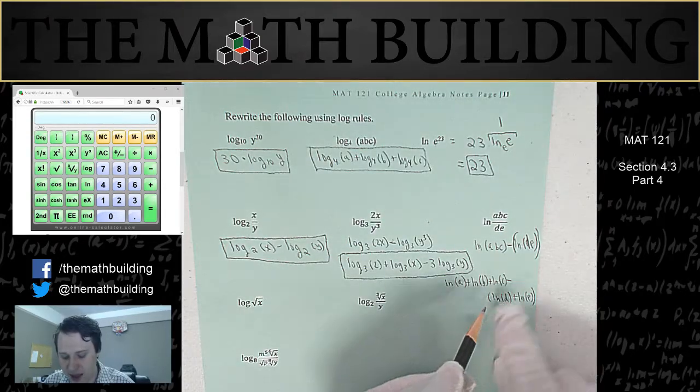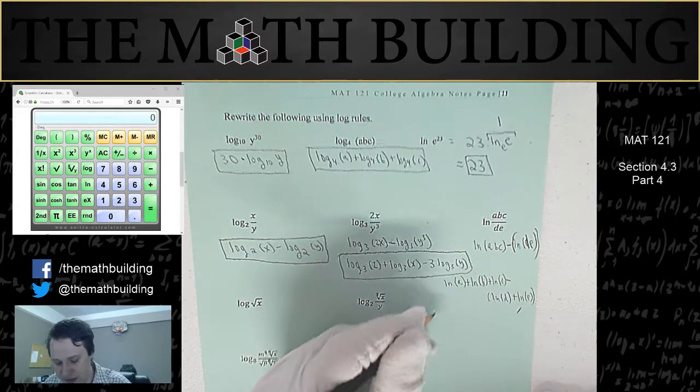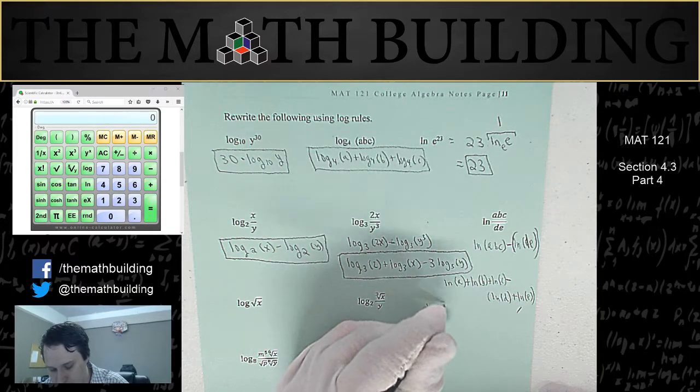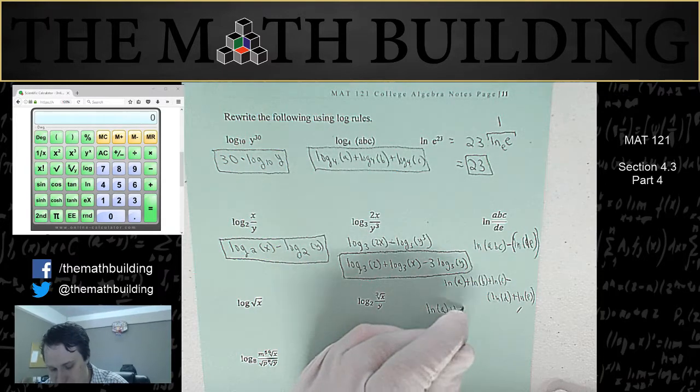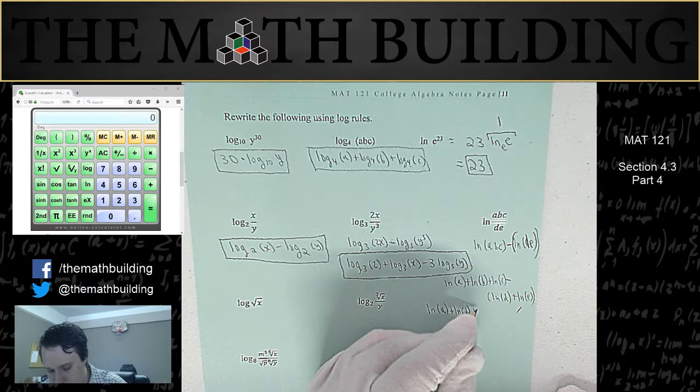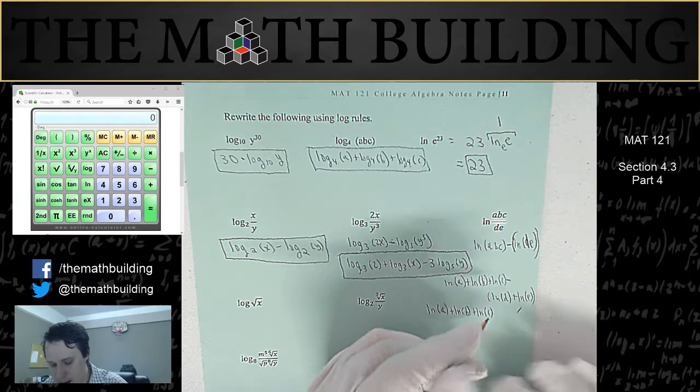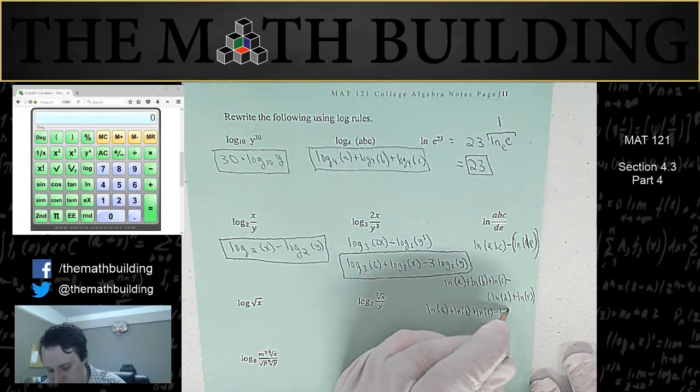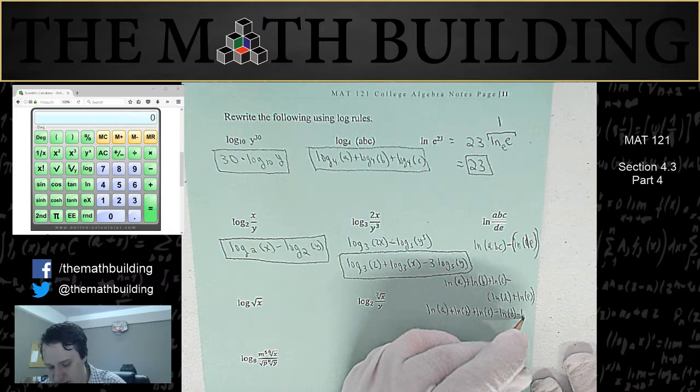So it's minus ln of D minus ln of E. So here's how I would write the final answer: ln of A plus ln of B plus ln of C minus ln of D minus ln of E.